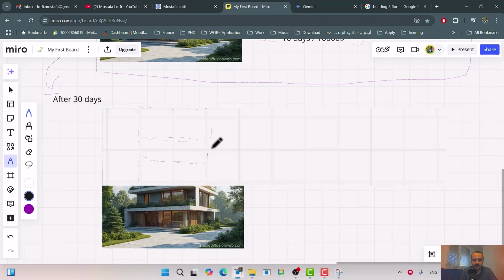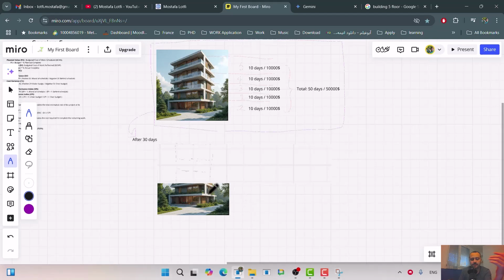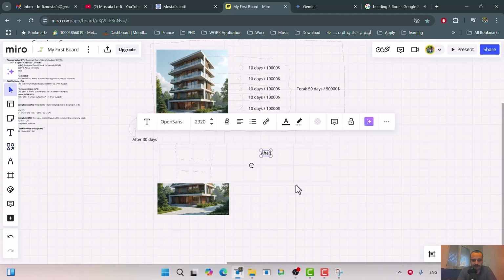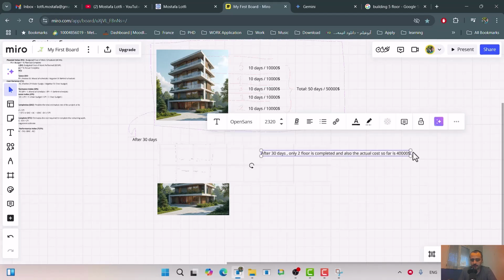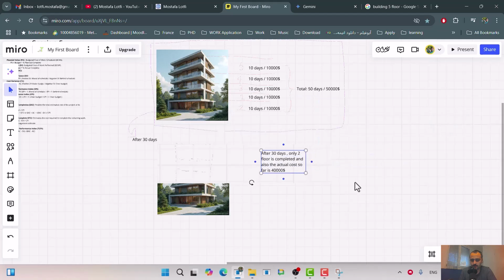Okay, it's still a plan. So after 30 days, only 2 floors are completed, and also the actual cost so far is 40,000. This is the information.